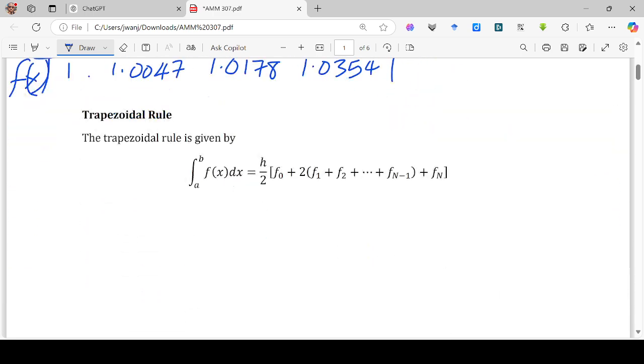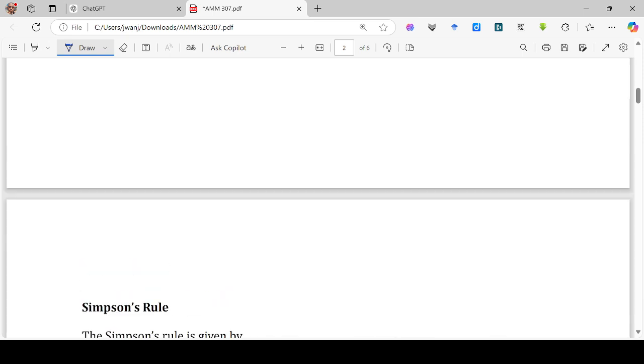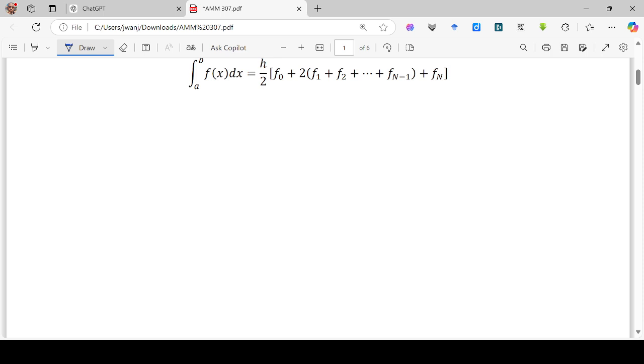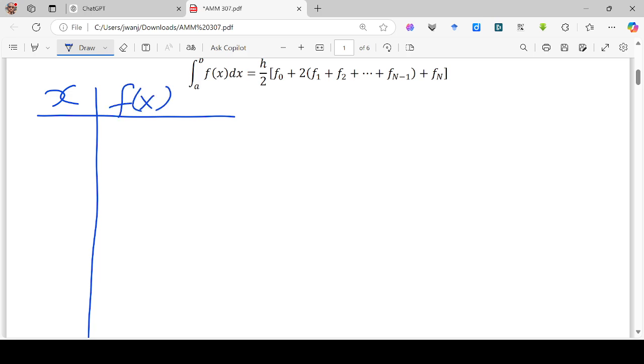let me write the values down here so that we can have more space. So I'll have the values of x and the corresponding value of the function. So when x is 0, we have seen we have 1.